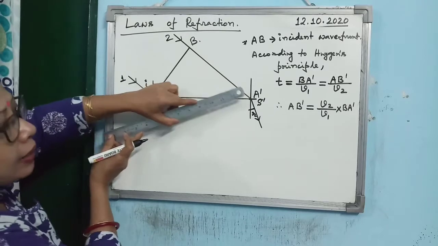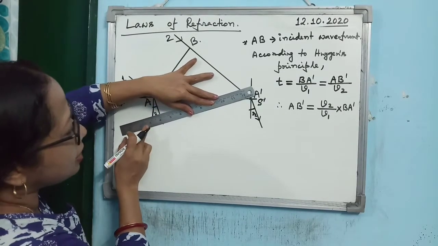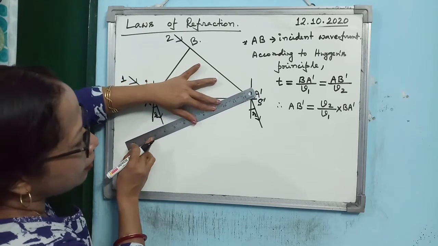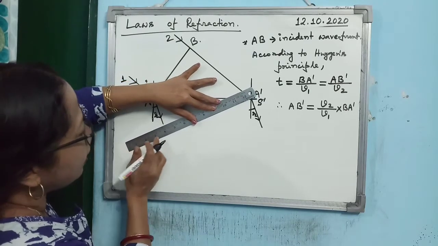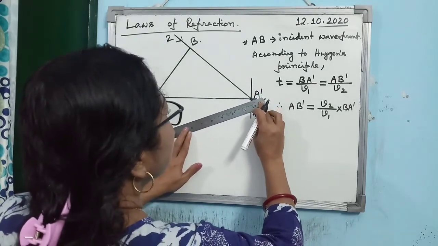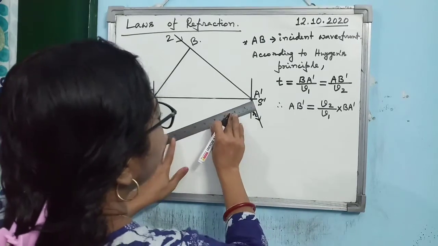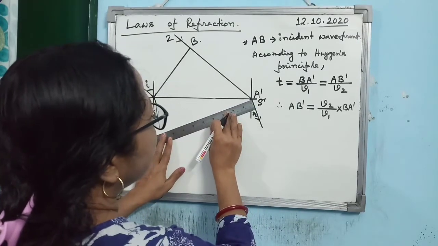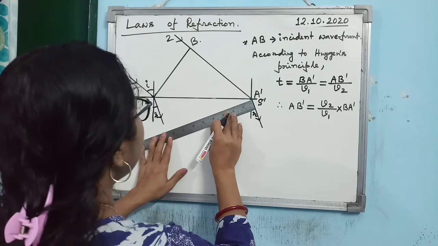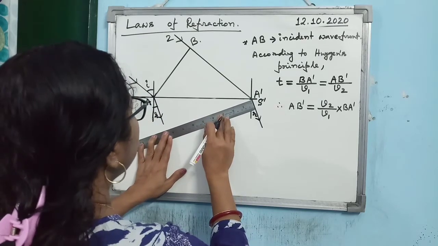So the refracted wavefront should be perpendicular to both these rays. Hold your scale in such a way that it becomes perpendicular to ray 1 also. It will be perpendicular to ray 2 as well as perpendicular to ray 1.